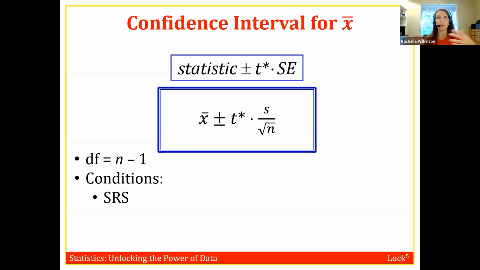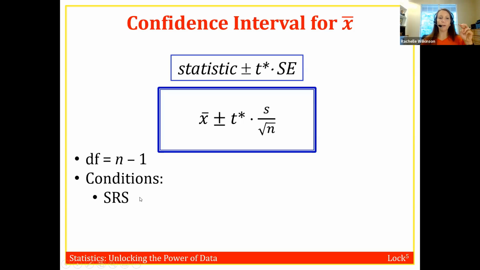Now in our class, we're always analyzing other people's data, so we're not going to focus as much on this simple random sample condition. If they don't say anything in the problem that would make us believe that it's not a simple random sample, then we would be concerned. But otherwise, we're just kind of going to go on the assumption that they used a good sampling method.